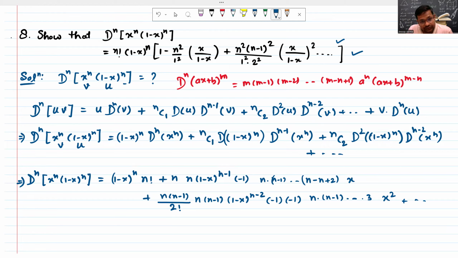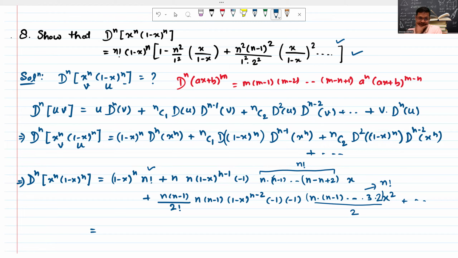So now you can easily see in this expression we have the factorial n, and in this expression you can also call this factorial n. Okay, and in this expression if you want this factorial n, you just multiply by 2 and divide by 2. So this expression becomes the factorial n.